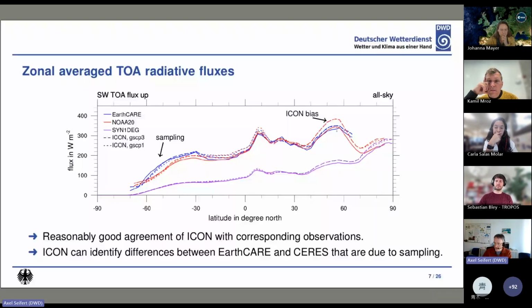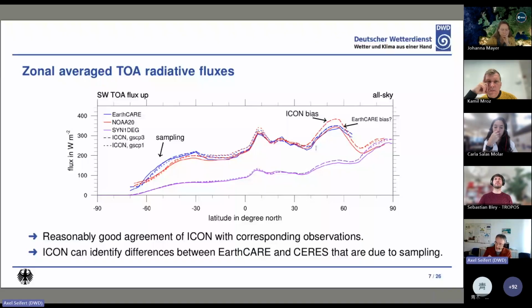This is kind of interesting, and it could be interpreted as an EarthCARE bias, which is at first difficult to understand, because you would argue the solid blue line and the red line are close together, so EarthCARE and CIRRUS measure basically the same thing.